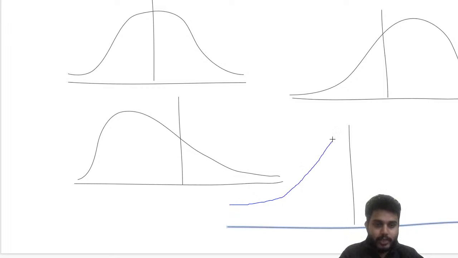So for example, if the tails, which is what we call these, are fatter, that is, the probability of outliers is quite high, that's when you see fatter tails and a higher peak. This is how we define kurtosis.